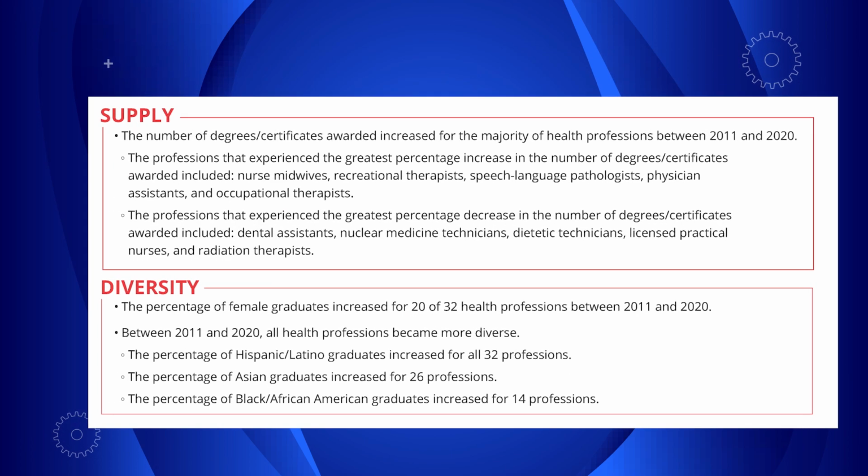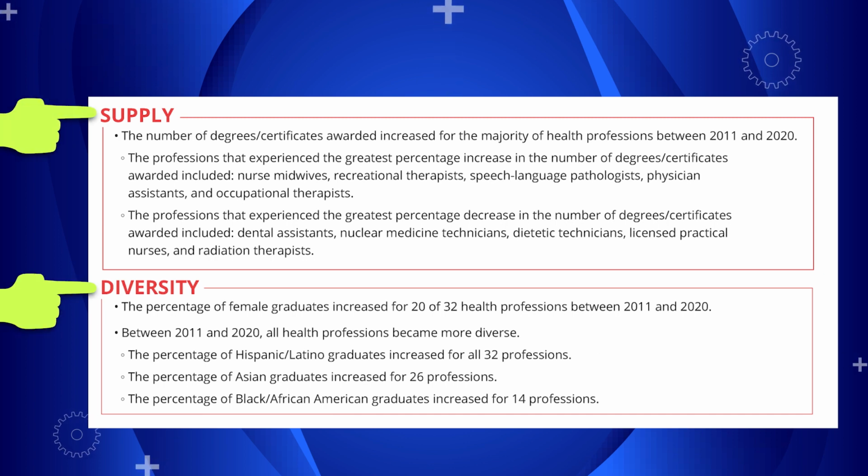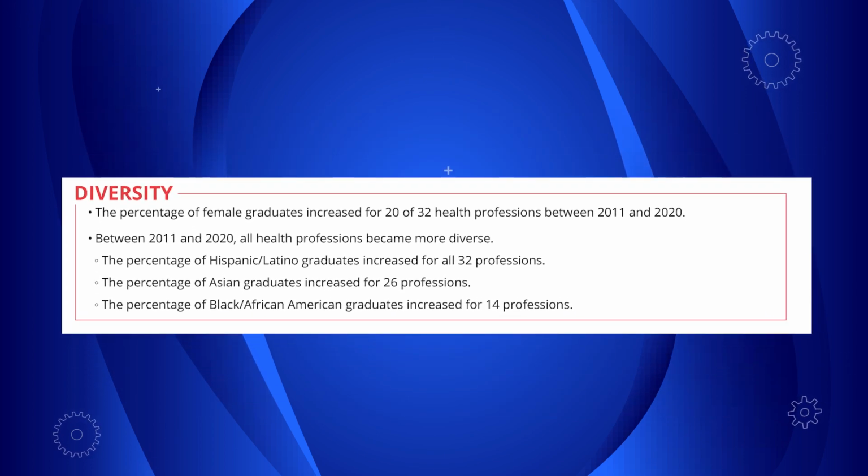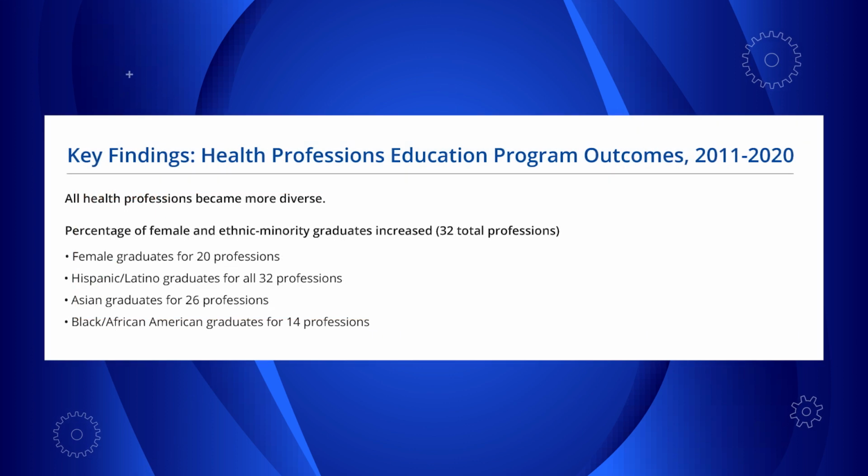We can identify 2 general themes from these findings: supply and diversity. For our purposes, we will focus on diversity for our infographic for 2 reasons. It's currently a timely theme across news and policy, and it has 4 clear data points we can visualize to support our theme. Now we will organize those diversity bullets in preparation for design.